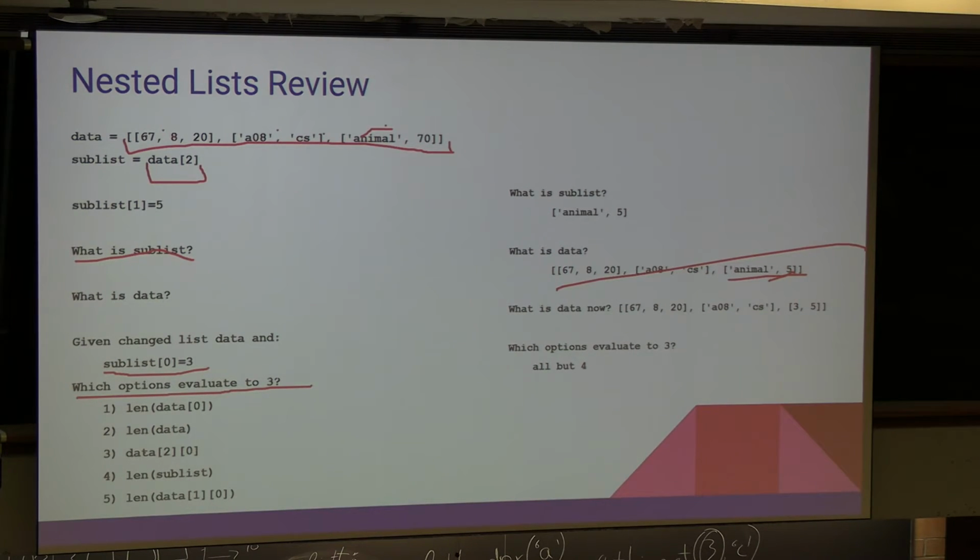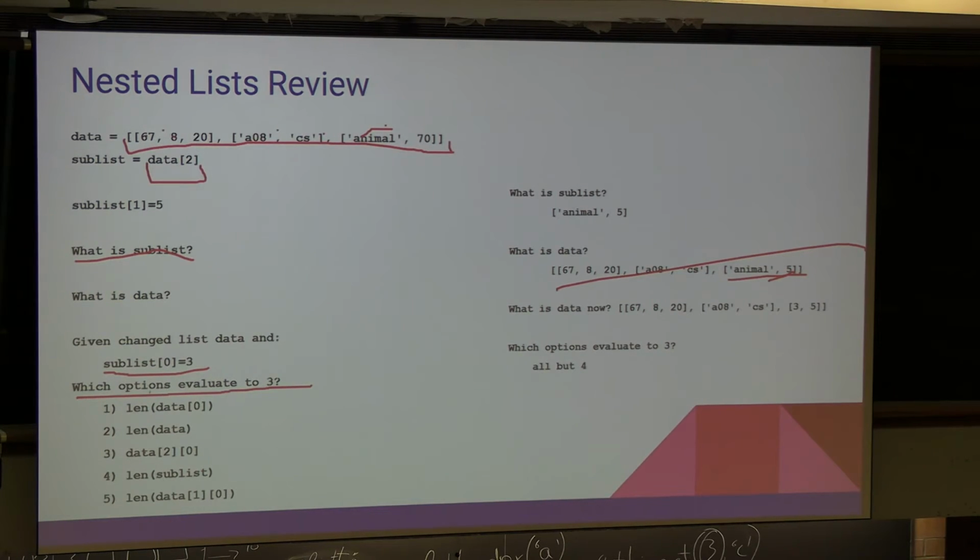Data 2 at 0. True or false? True. Why? Because we just changed it. It is a mutable data type. Remember that. Length of sublist. What is that? Why is that false? It would be like the length is 2. The length is 2, but the answer is false.